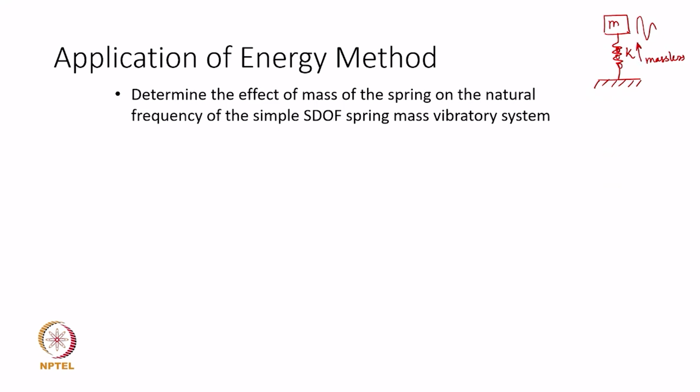So, each of the elements of the spring also has some kinetic energy associated, right. So, apart from storing the potential energy or strain energy because of the stretch in the spring element, it can also store some kinetic energy.